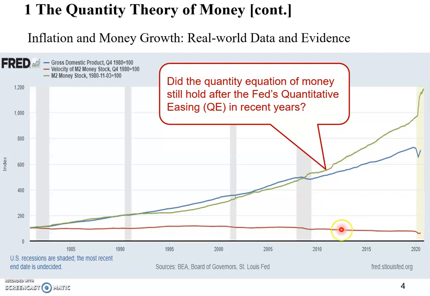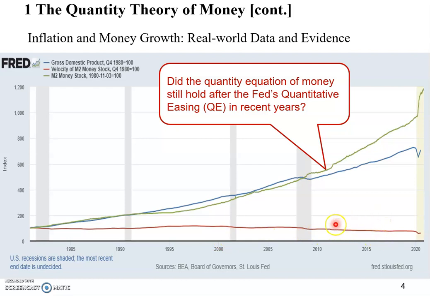The second thing I want you to think about is that it looks like, over the whole sample period, the velocity of money is much more stable than the other two variables. So it gives us the impression that it's pretty safe to assume that the velocity of money is constant.